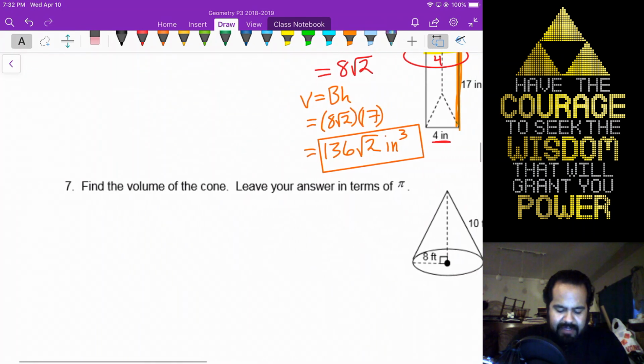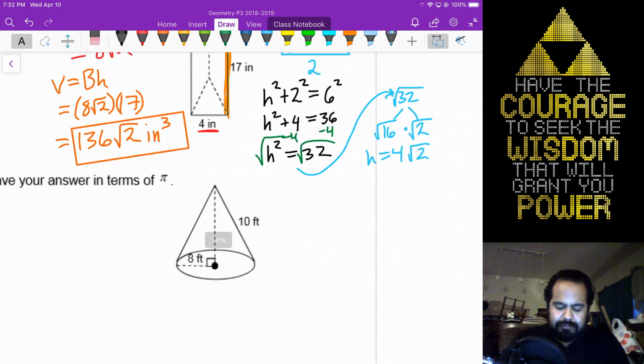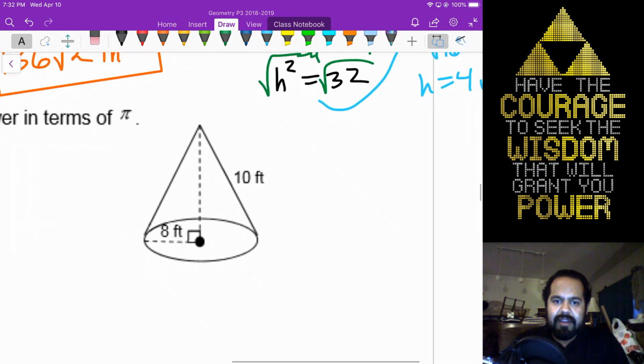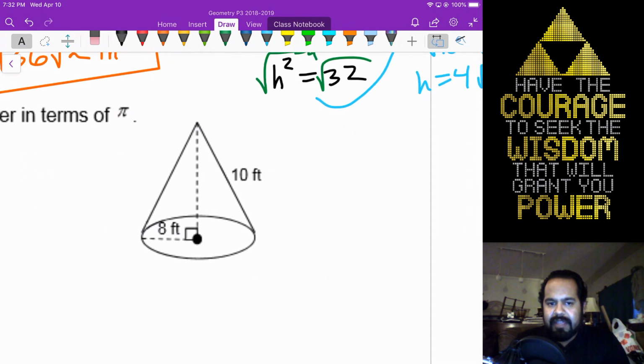All right, the volume of our cone. So our cone right here is going to have a radius of 8. I don't know the height, but I think you know the drill.